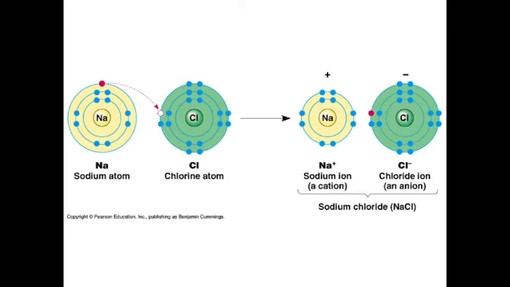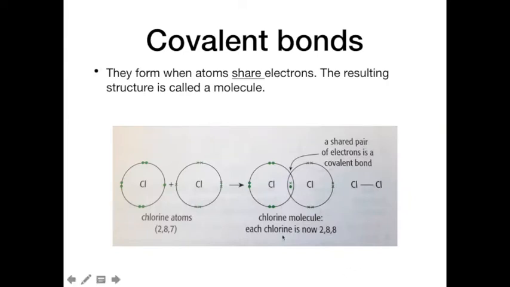Because you see here, this electron: only this nucleus pulls this electron, which means only this nucleus has electrostatic force on this electron in order to keep it inside its shell.